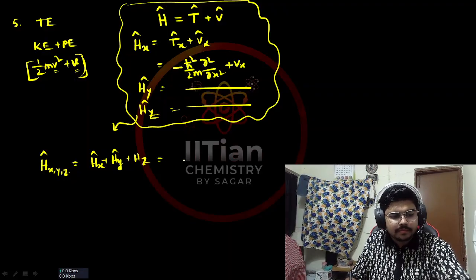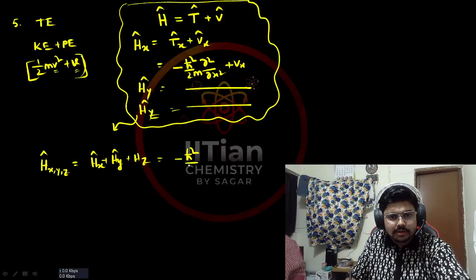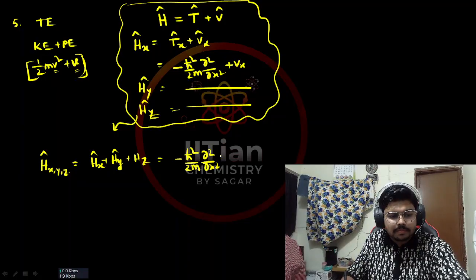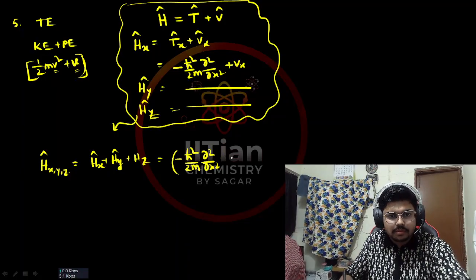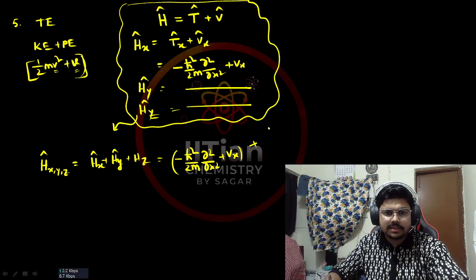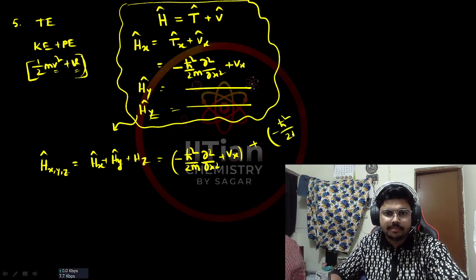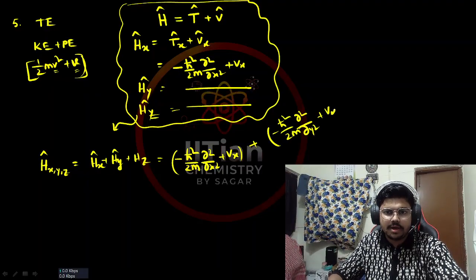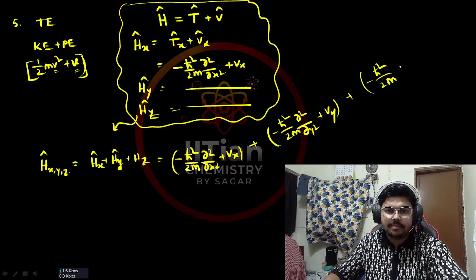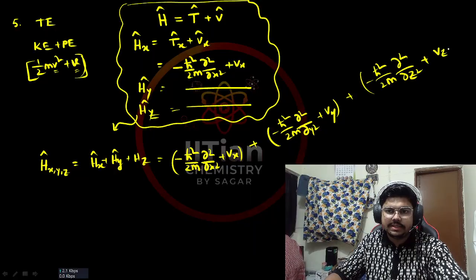This will be minus h cut square upon 2m del 2 del x2 plus V of x, plus minus h cut square by 2m del 2 del y2 plus Vy, plus minus h cut square by 2m del 2 del z2 plus Vz.